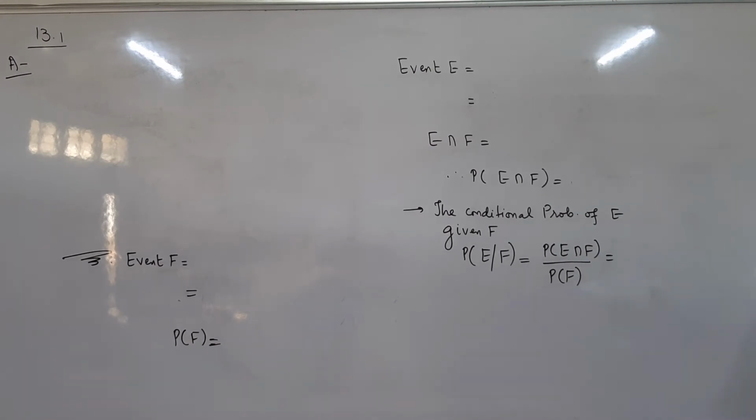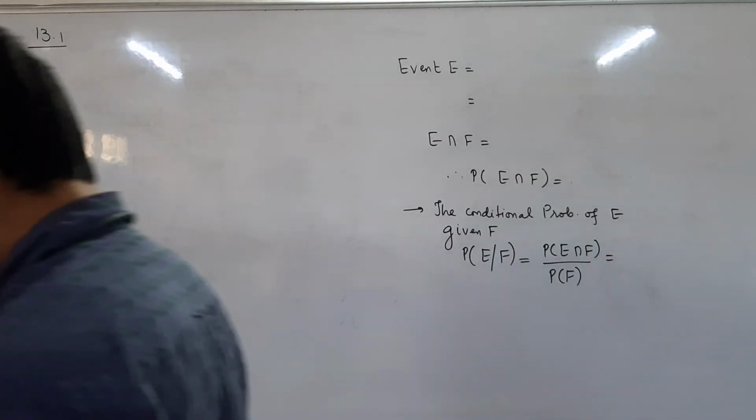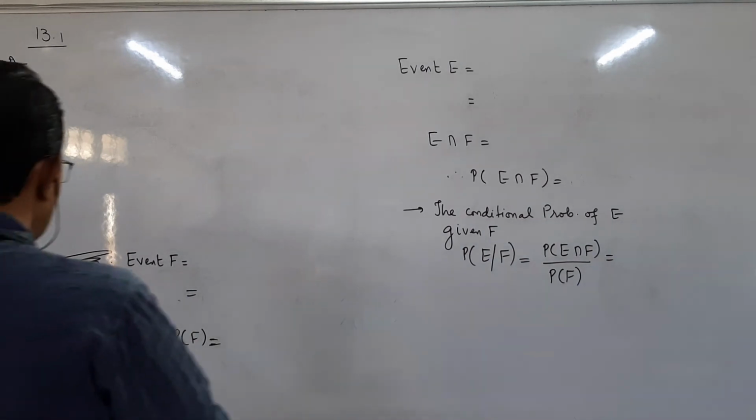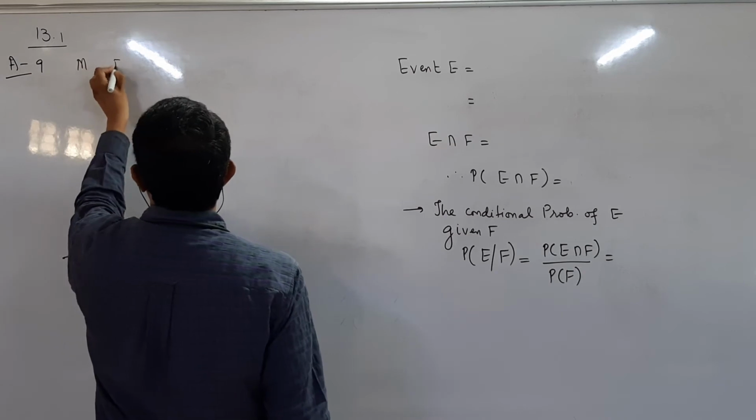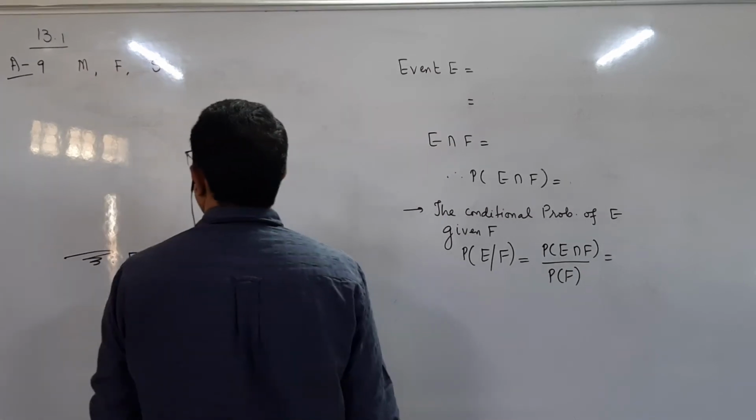Now, what does the sum say? Mother, father, and son lying at random for a family picture. Sum number 9. Mother, father, and son.